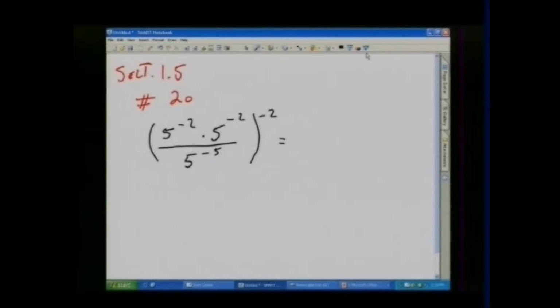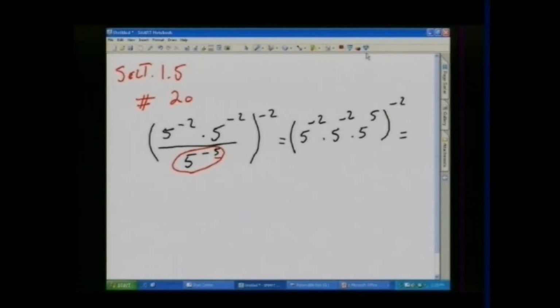One thing I can do is to get rid of the denominator here. And since denominator is 5 to the minus 5 power, I can bring it up to the numerator, and all I have to do is to change the sign of the power. So this would read as, keep the parentheses here, 5 minus 2, which I already had, times 5 minus 2, times 5, instead of minus 5, it would be plus 5, to the minus 2 power, equal to.